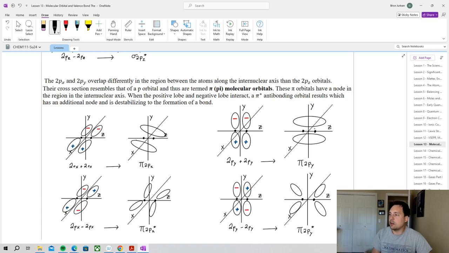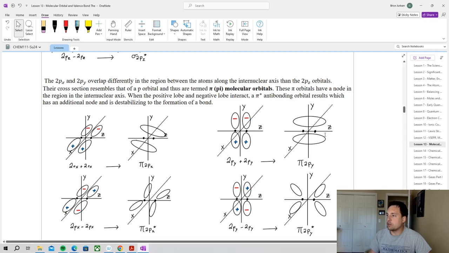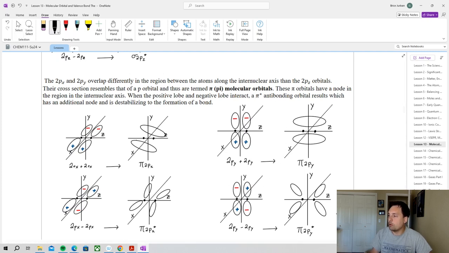And these have a different symmetry than the sigma symmetry. These are referred to as pi molecular orbitals because they have a cross section right here that looks like a p orbital, so p pi, and they can also destructively interfere to give us 4 lobes that have 2 nodes.